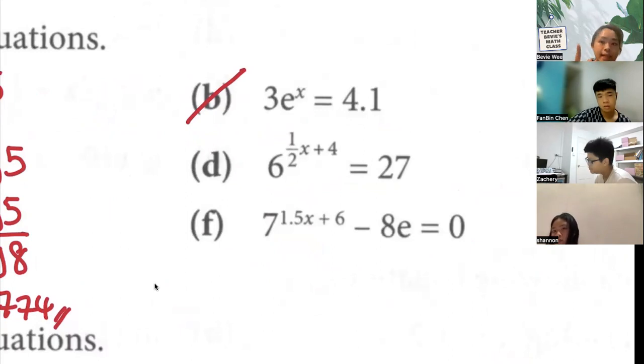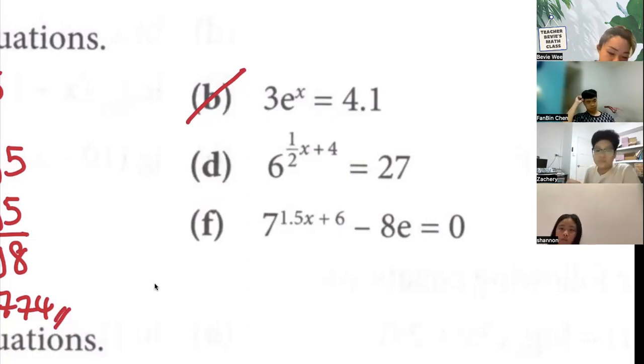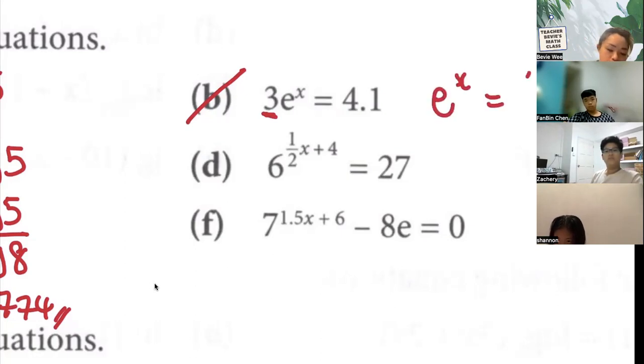So if I see an e involved, I will choose ln instead. So what can I do to this 3 first? I try to let e to the power of x stand alone, right? So e to the power of x equals 4.1 over 3. Then from here, you ln both sides. I think it's better like this.